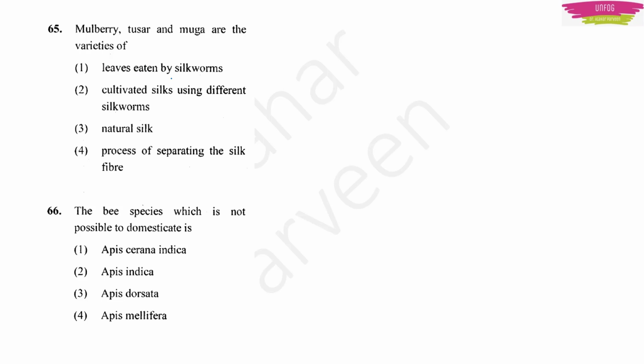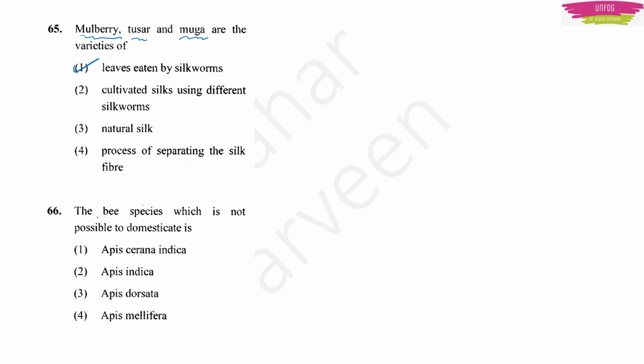Option 1 is given as leaves eaten by silkworms. Option 2 as cultivated silks using different silkworms. Option 3 natural silk. Or option 4 process of separating the silk fiber. Actually mulberry, tussar and muga, these are all the different types of leaves which are eaten by the silkworms. So option 1 is the right answer.